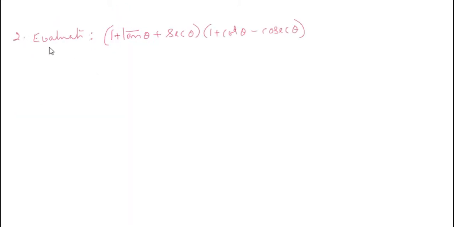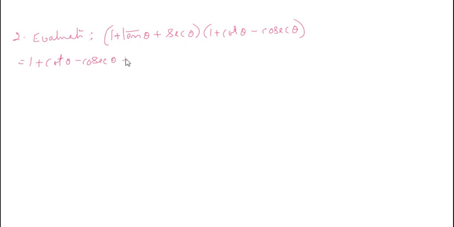Next exercise, evaluate 1 plus tan theta plus secant theta into 1 plus cot theta minus cosecant theta. So let us multiply these two terms. 1 into 1, that is 1, plus cot theta. I am multiplying by 1 all these three terms first, minus cosec theta, then multiplying by tan theta.